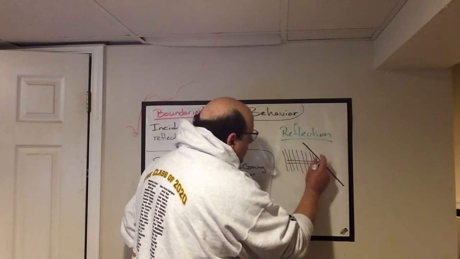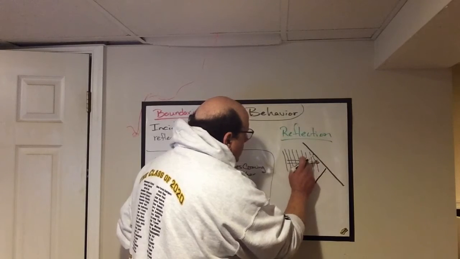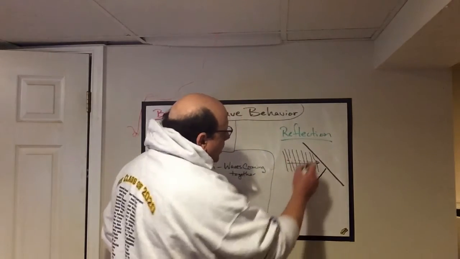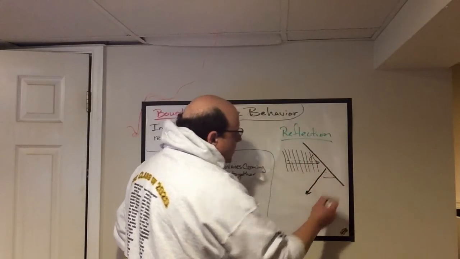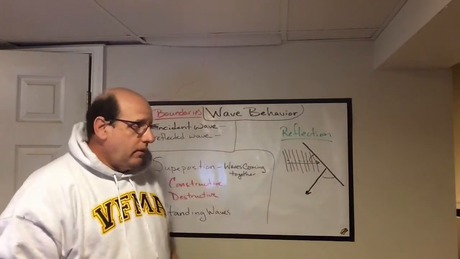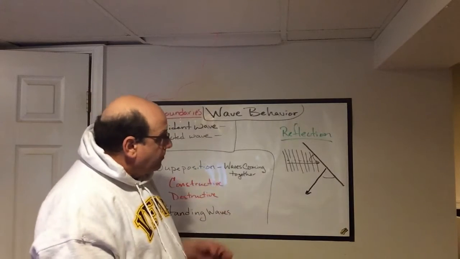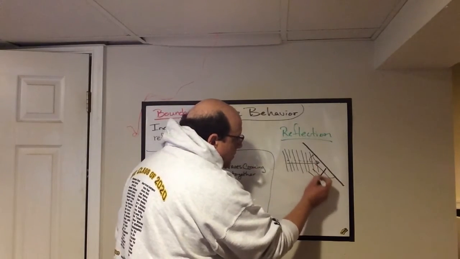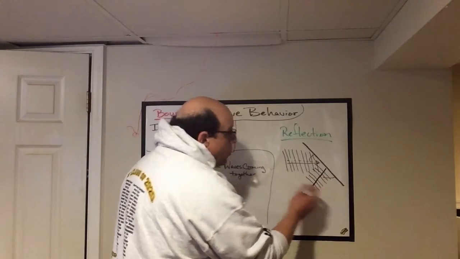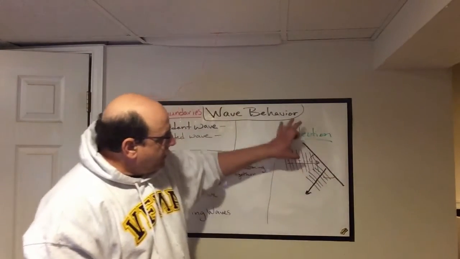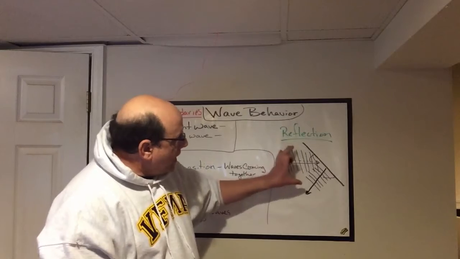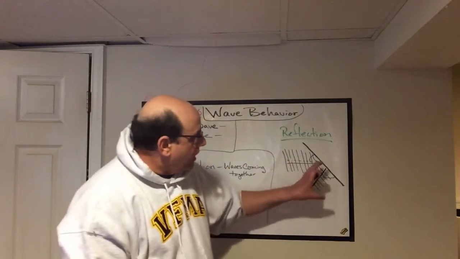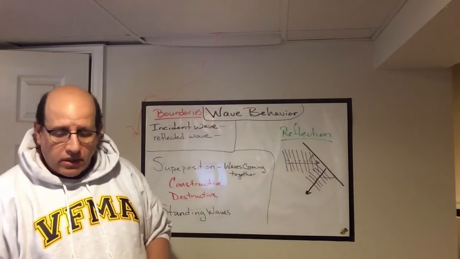I want this to be straight so we have the right angle. Sorry about my drawing. And if this angle is the same as this angle, then we got it right. And so that's the idea. So the sound wave is going to come bouncing back out this way, and who knows about this medium? If this is just a wall, then the amplitude of those waves is not going to change too much, and the speed is not going to change too much.